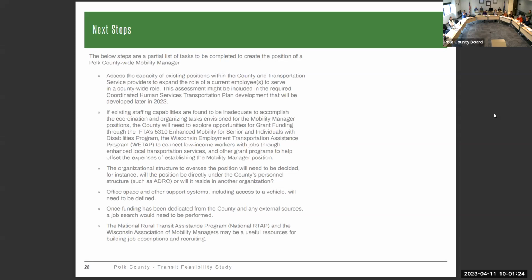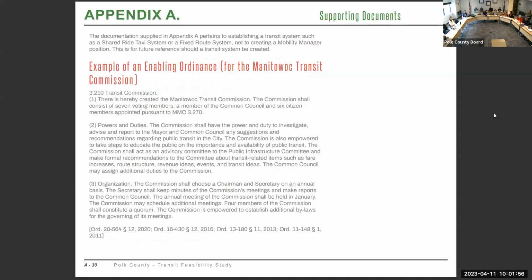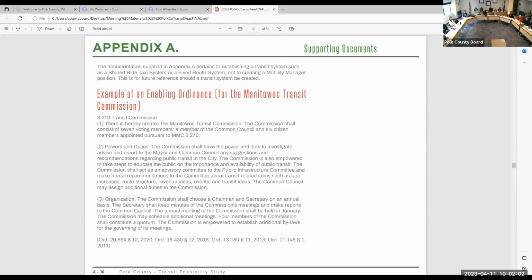And these are always decisions that are made by elected officials. So the environment that you operate in with elected officials has a lot to do with what can be done on the next steps. And sometimes the education, instilling the needs and the data that's out there, and then educating not just the potential people that might use it, but also the public, and then getting that information presentable to the elected officials and other folks is a very important part of getting any public transit up and running, because it's a big ask.